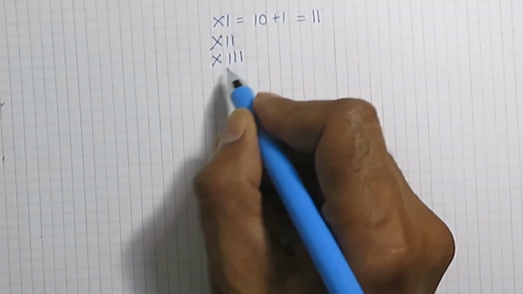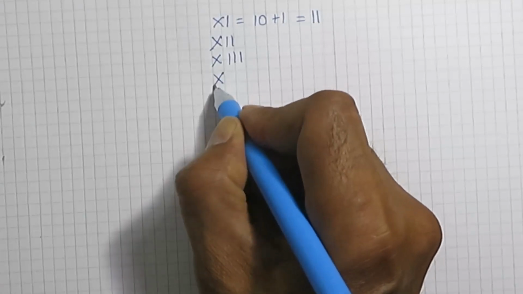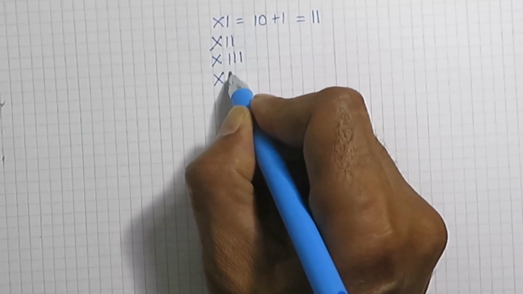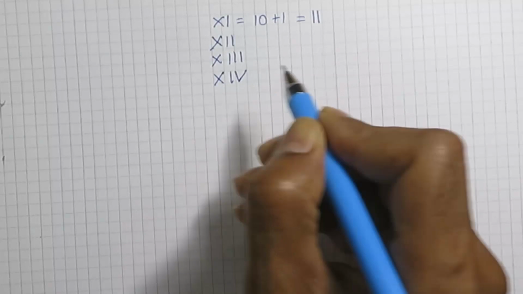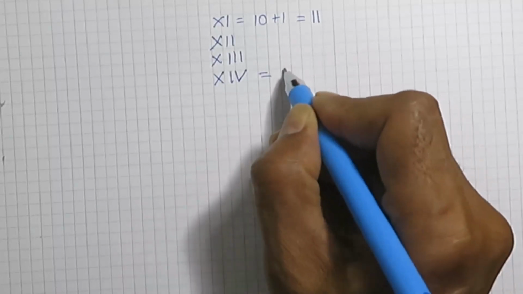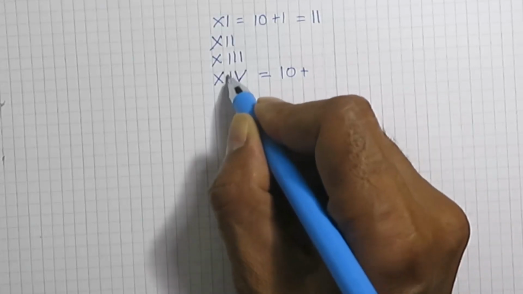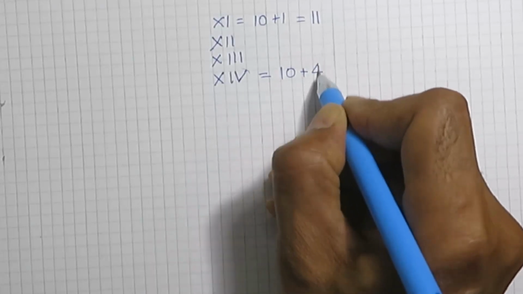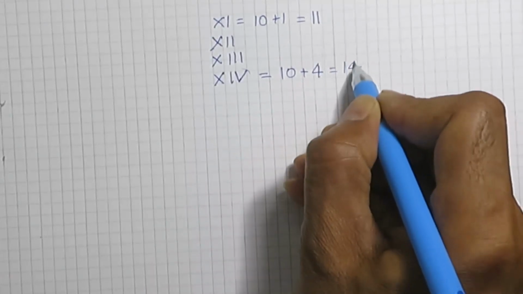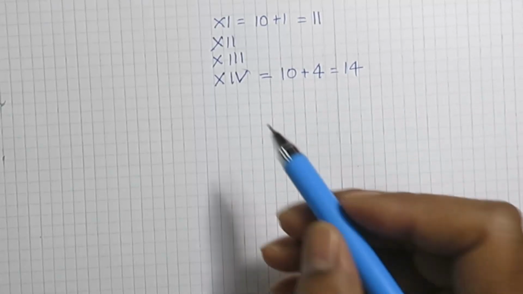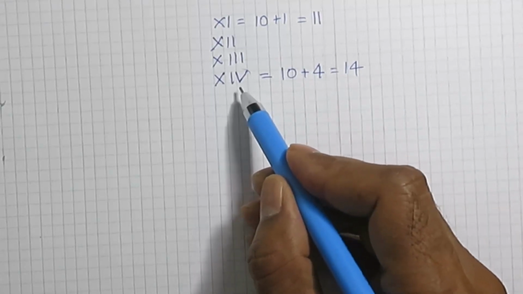And for 14 we will have to write 10, and then we already know about 4. So this is the way we write 4. So this is basically 10 plus 4, 14.